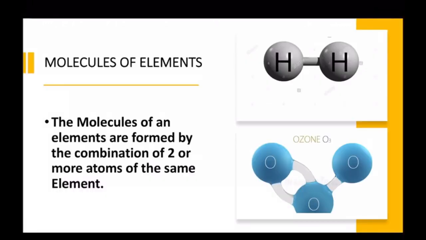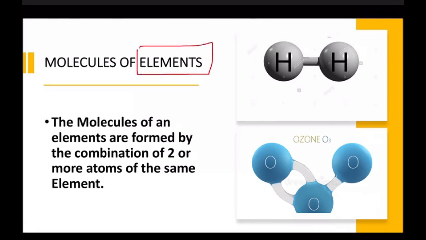molecules of elements. The molecules of an element are formed by the combination of two or more atoms of the same element. Remember, we are talking of molecules of elements. They are formed by the combination of two or more atoms of same elements.